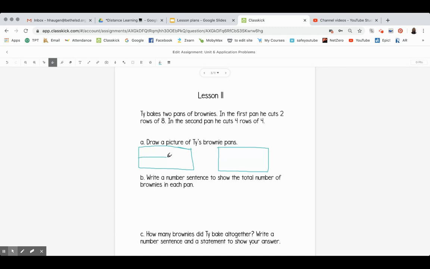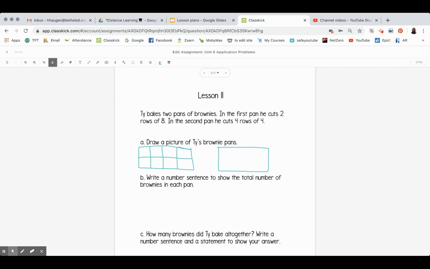In the first pan, he cut 2 rows of 8. So if I draw one line straight across, that gives me 2 rows, a top row and a bottom row. Now, he says 2 rows of 8. So I need to make 8 on the top and 8 on the bottom. To do that, we can first split it in half. Now I have 2. And on this left side, I can split that in half, and on the right side, I can split that in half.